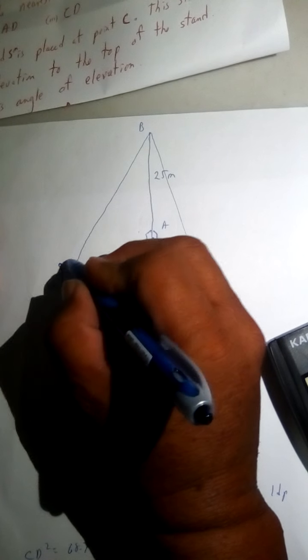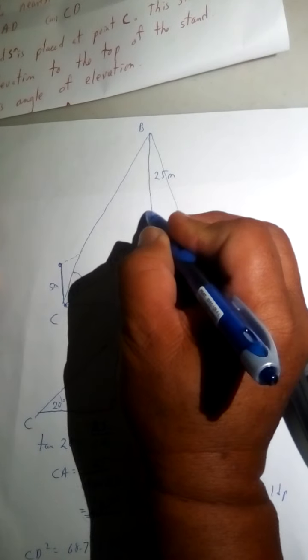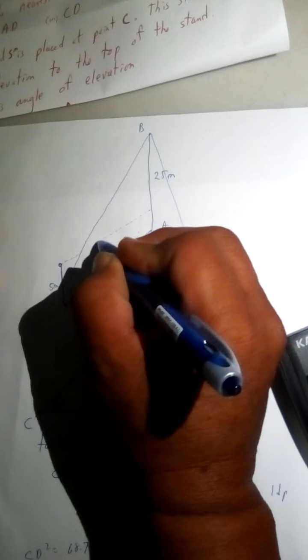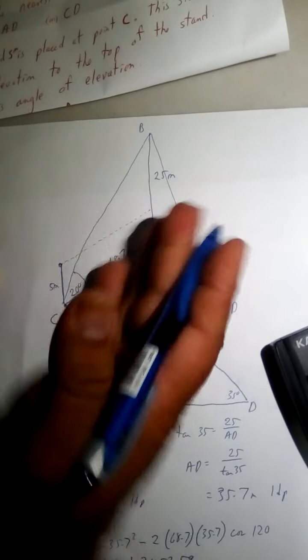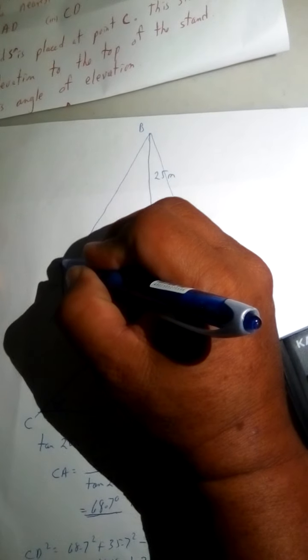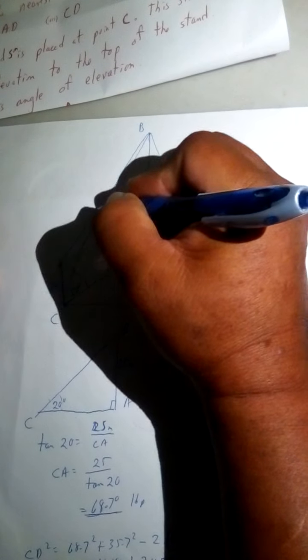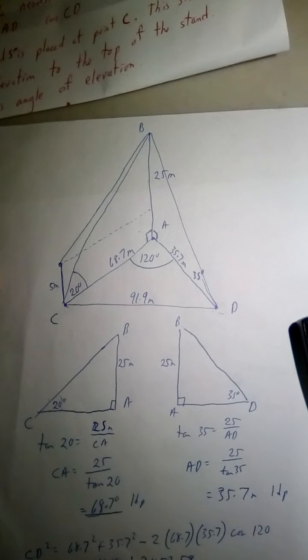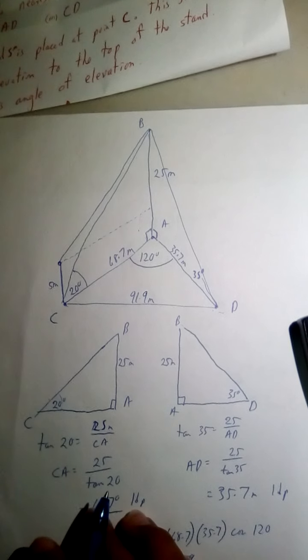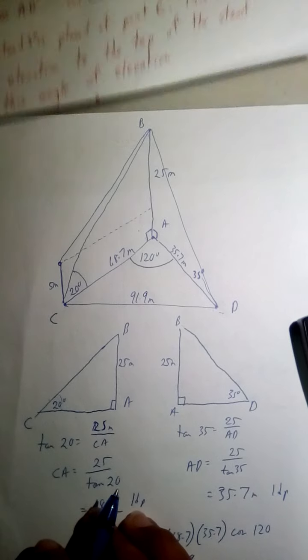Now if this is an angle of elevation, there must be a horizontal line, because remember angle of elevation is measured from the horizontal. So this is the angle now. We have that 5 meters. Let's calculate the angle of elevation.